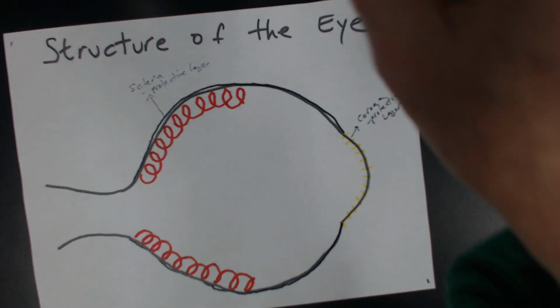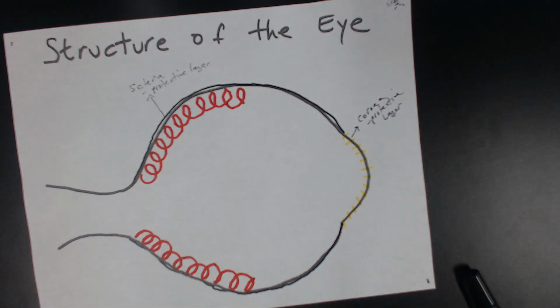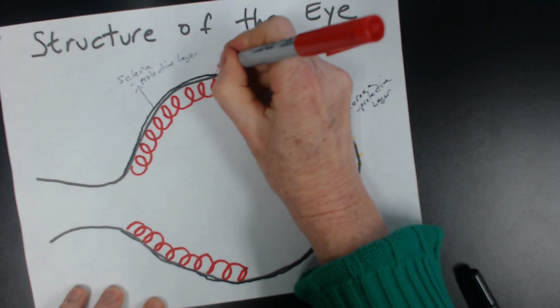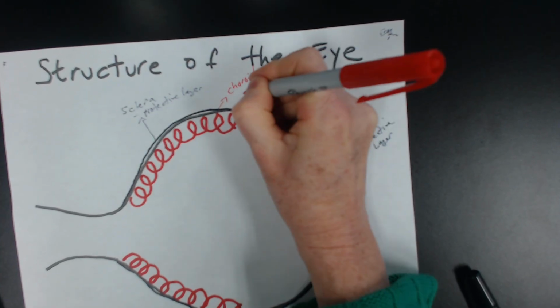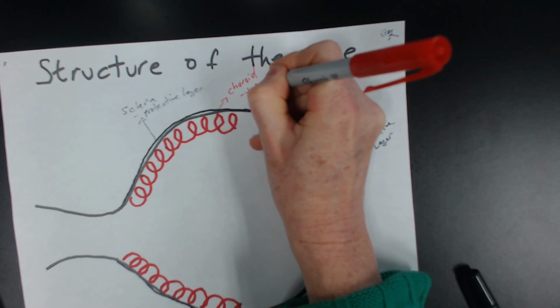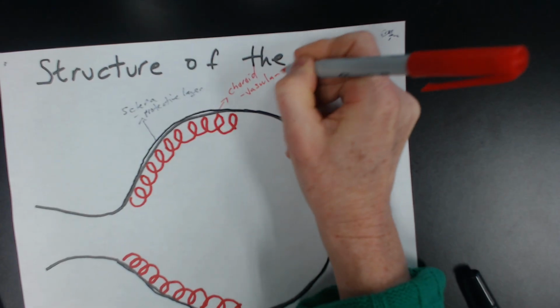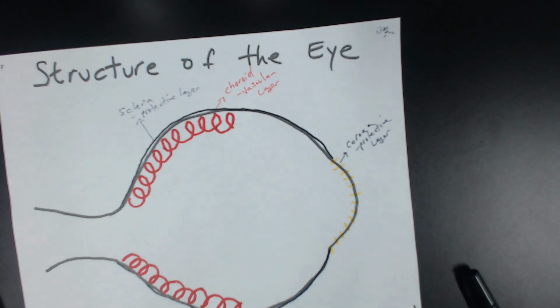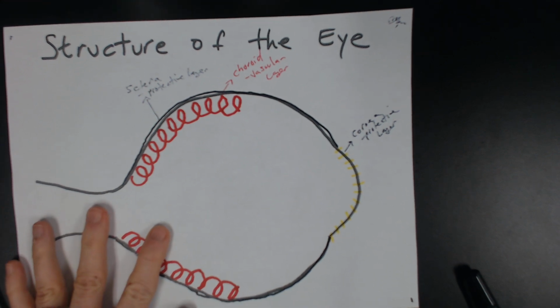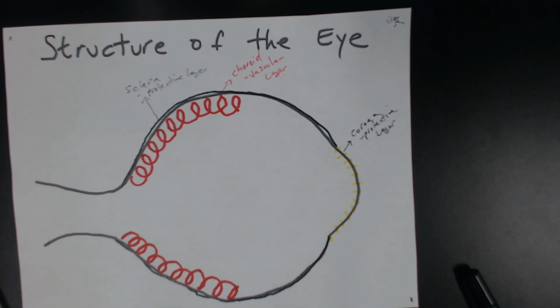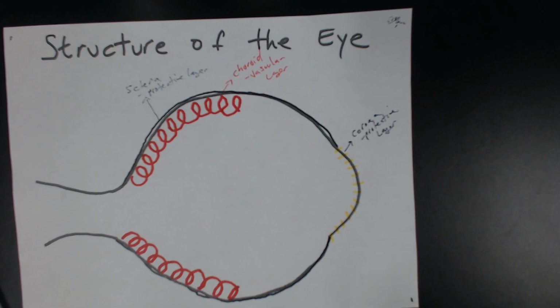Okay, this vascularized structure is known as your choroid, C-H-O-R-O-I-D, and that's a vascular layer. Okay, so your sclera and your cornea are your protective layers.